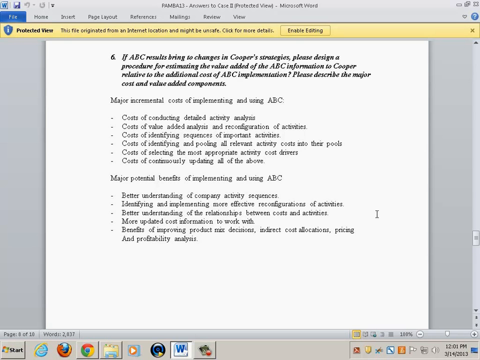You define the sequence, the alternative sequence of important activities, redundant, and then pool the relevant activity cost into their respective activity.